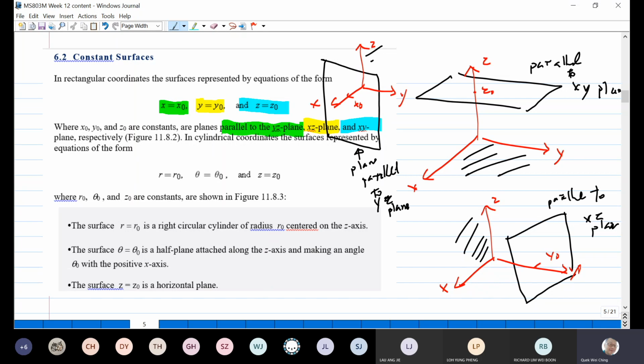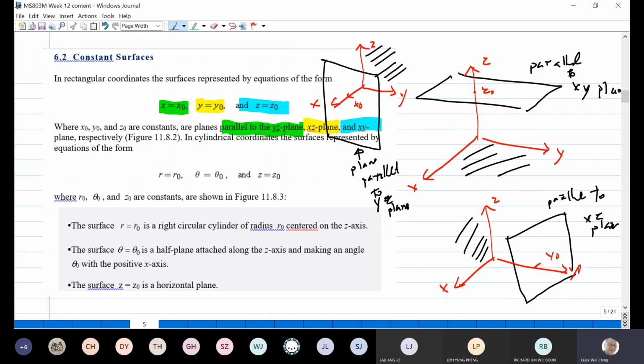The yz plane is the one below, right? So these are the discussions of constant planes. Okay, so this one we are actually quite familiar with already. It's just a different way to describe the plane. If we have x equal to constant, y equal to constant, z equal to constant, what kind of plane is that?